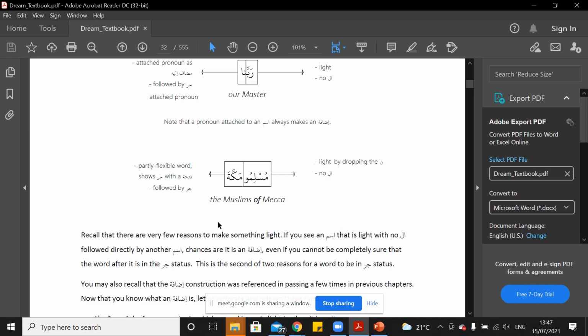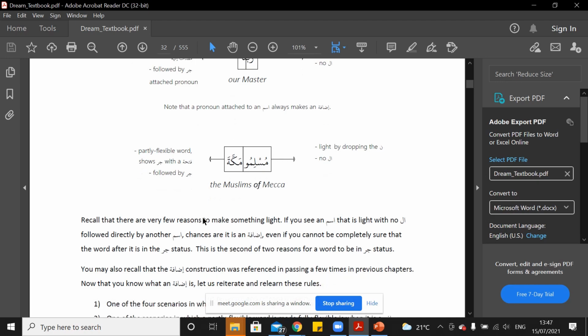So we can't see it, but it can be in jar form with the fatha. Very good. So Muslimu followed by a jar is an Idafah fragment, and it means the Muslims of Makkah.